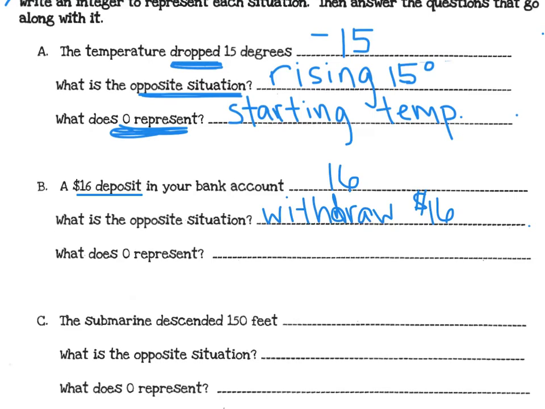And 0 is going to represent the starting amount, however much money you started with, or you might call that the balance. In the banking world or when you're dealing with money, the current amount of money that you have in your account is referred to as your balance.